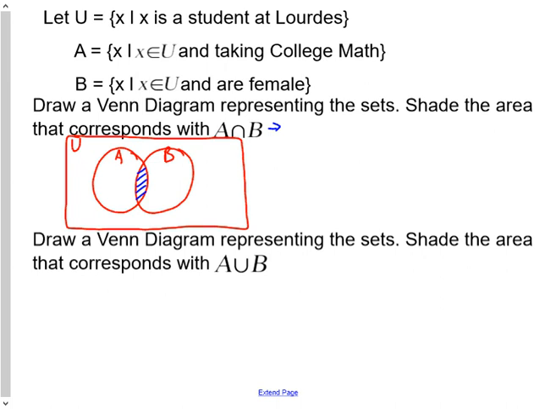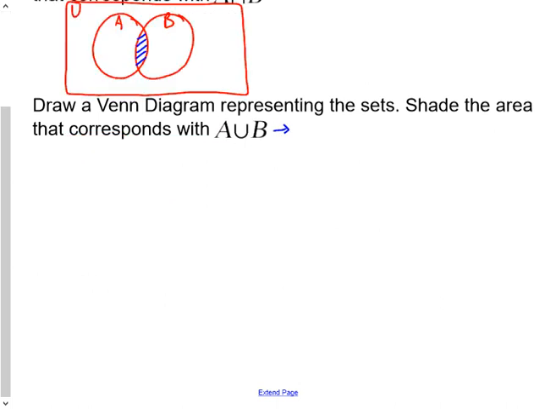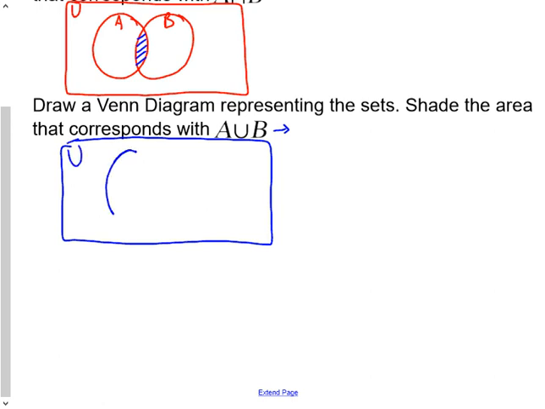Next, draw a Venn diagram representing the sets, but this time it wants us to shade A union B, which is they're a student taking college math, or the females at Lourdes. So again, drawing my box. That's U for all students. There's my college math folks.